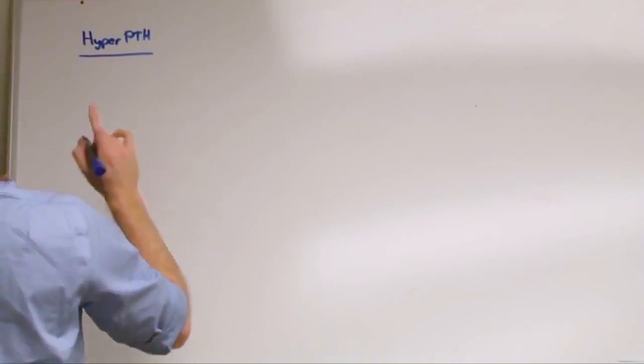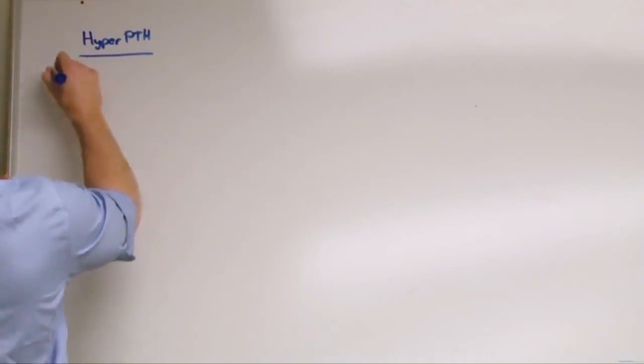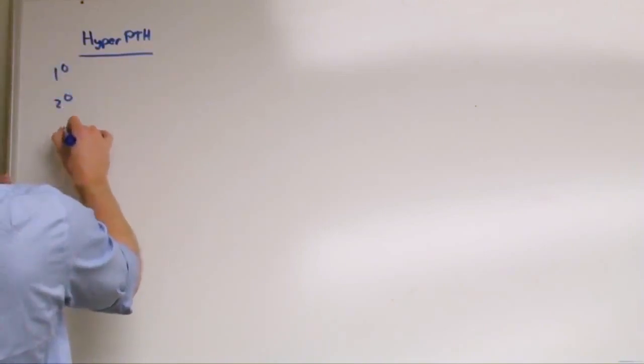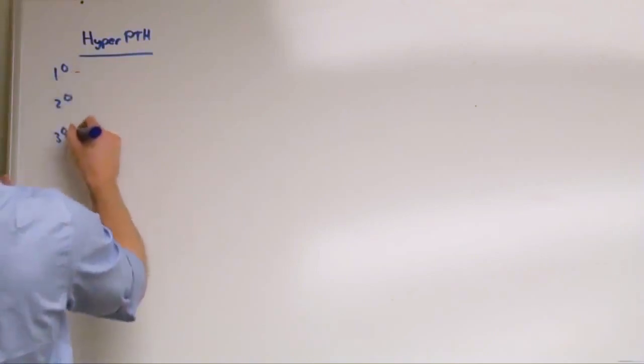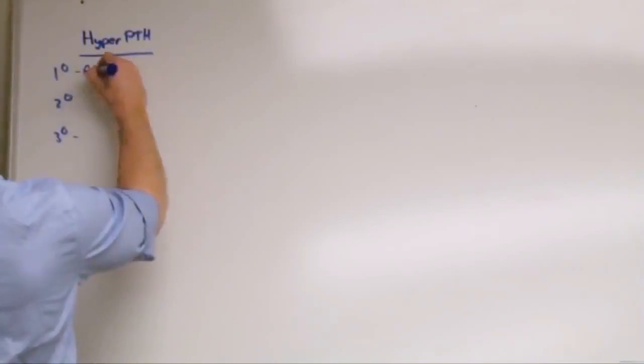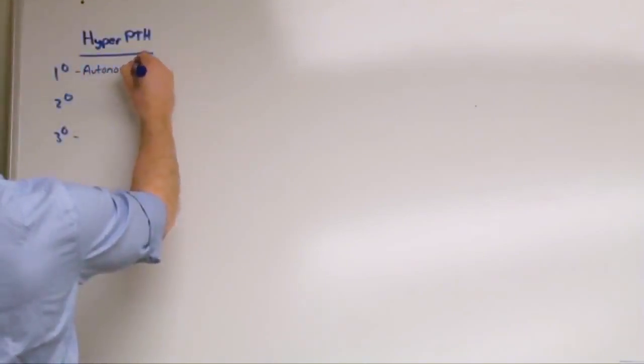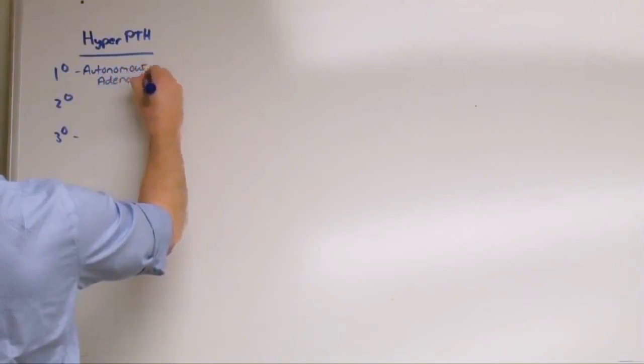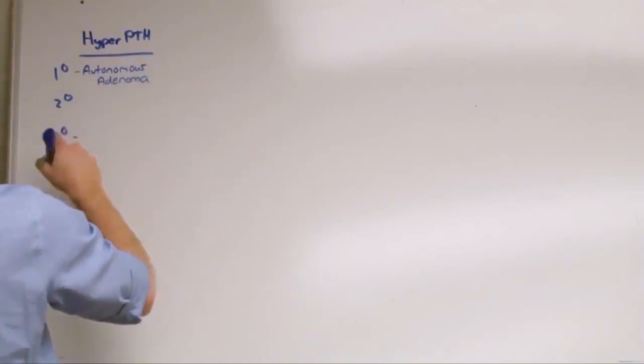It comes in three different categories: primary, secondary, and tertiary. Primary is autonomous secretion, but it's usually a single gland. It is an autonomous adenoma, generally non-cancerous.